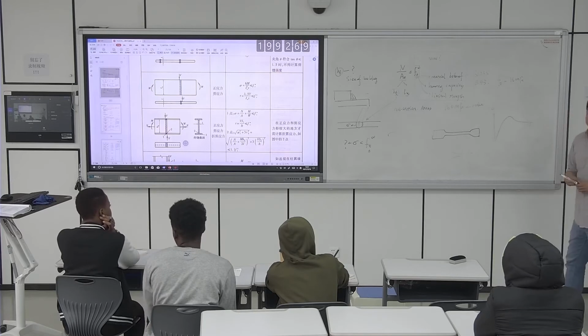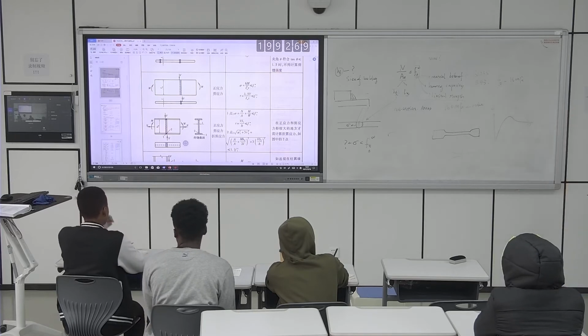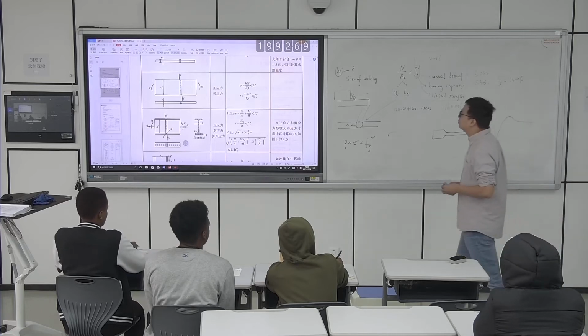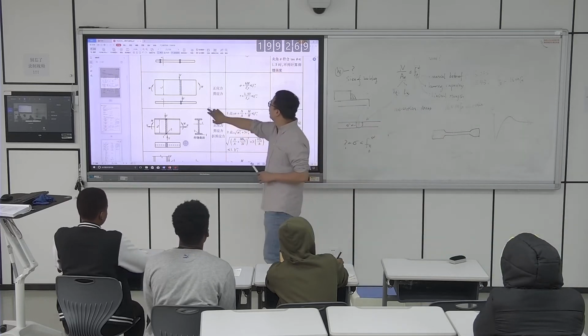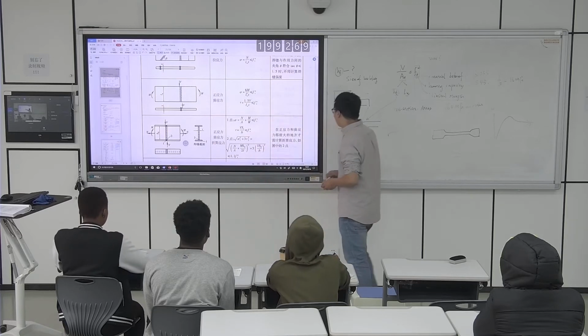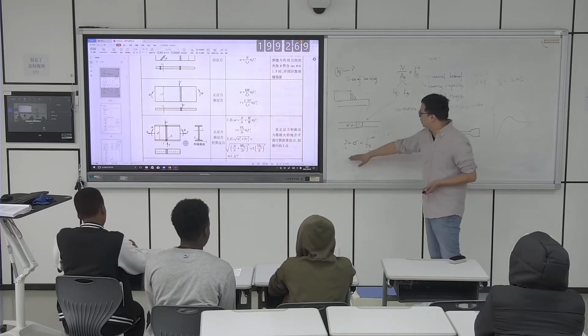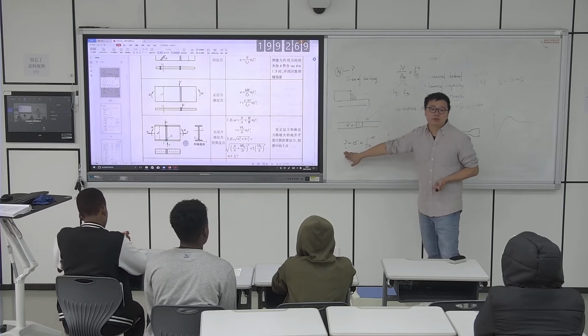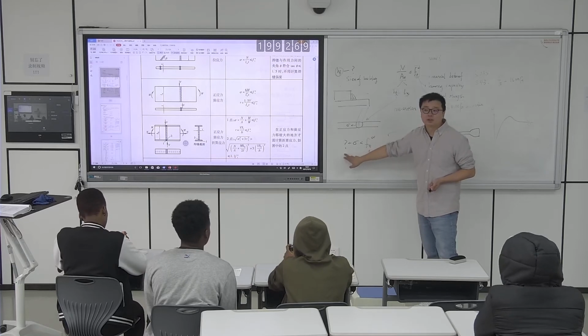Clear? This is the basic principle. Now you can clear everything. For this case, how to analyze it. Now the one and only job left for you is to solve this problem. Right?